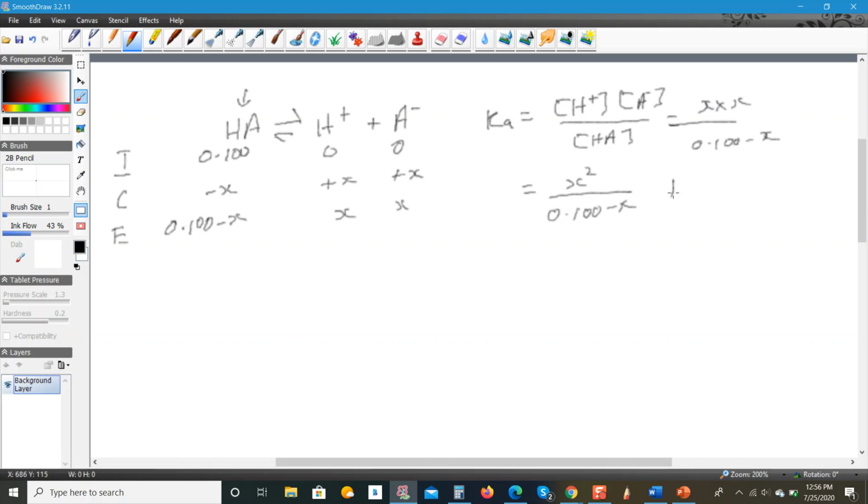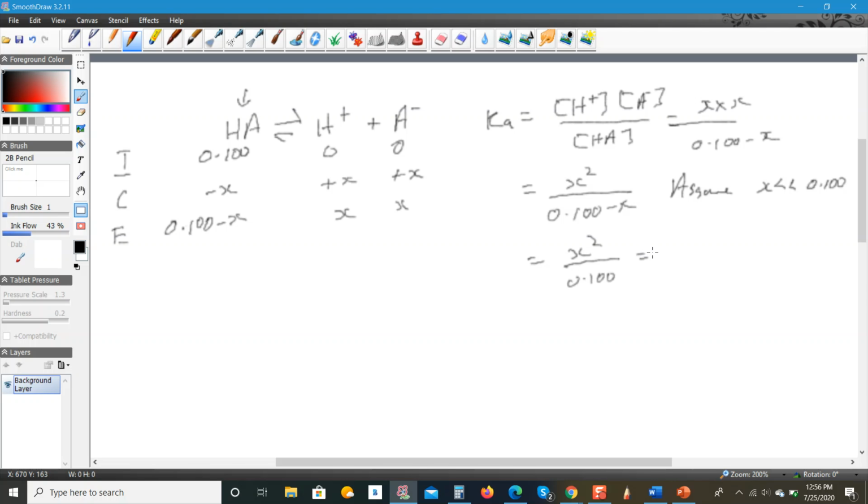Then we assume that x is so small compared to 0.100 that this reduces to x squared over 0.100.